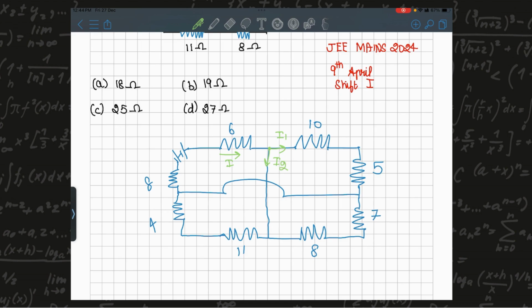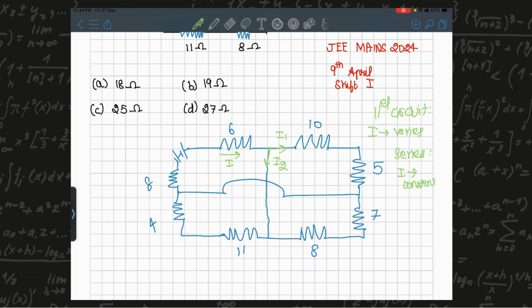You know this concept very well, that in a parallel circuit, I varies, whereas in series I is going to be constant or the same.